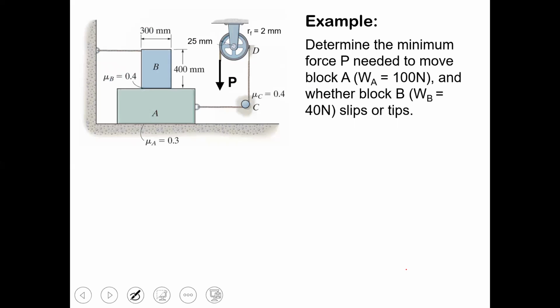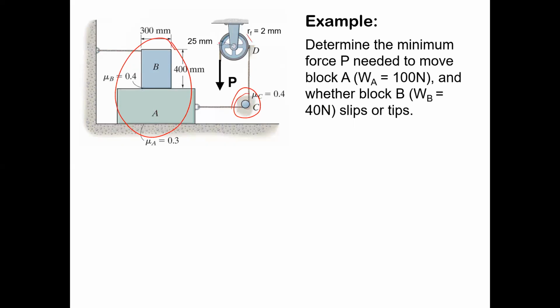So once again, it's a complicated system, and we have to be able to break it down into pieces and analyze it piece by piece, and put it all together and come up with an assessment of what's going to actually happen. So you start with the boxes, and once you find out what the force is to get something to move, you propagate that force, because you're going to have to pull harder to get around this peg here, which is basically belt friction.